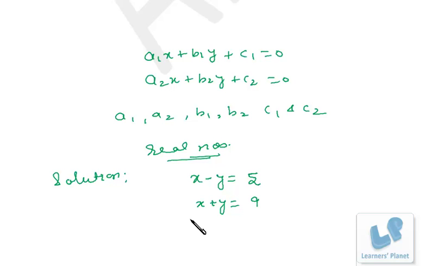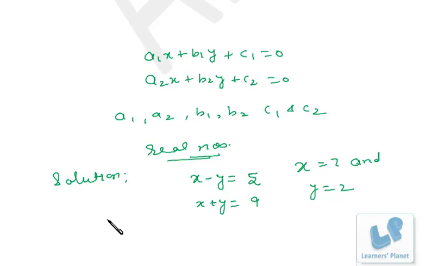So I have to choose the values where the difference between the two variables is 5 and their addition is 9, right? So I have a set that's x is equal to 7 and y is equal to 2. Here you can see the difference between these two is 5 and their addition is 9, right? So this is the solution of this pair of equations.